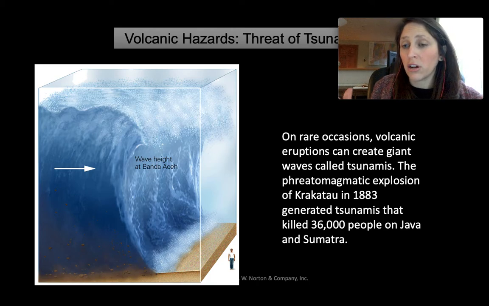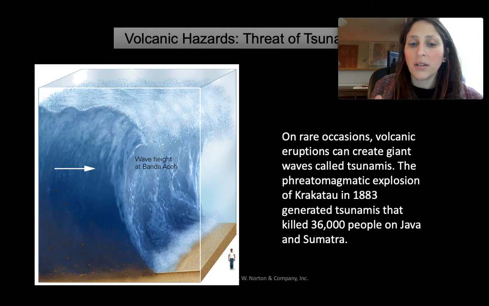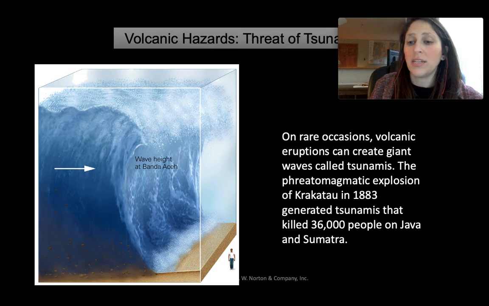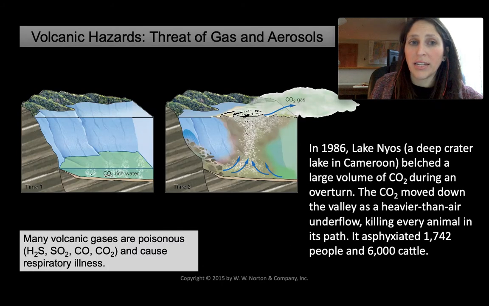Or if you're getting a large amount of volcanic debris being deposited into the water rapidly at once, the water will accommodate that influx of material with a tsunami. So sometimes you get tsunamis with volcanic hazards. One in 1883 actually killed 36,000 people. This is in the Indonesia region of Java or Sumatra, caused by a volcanic tsunami.